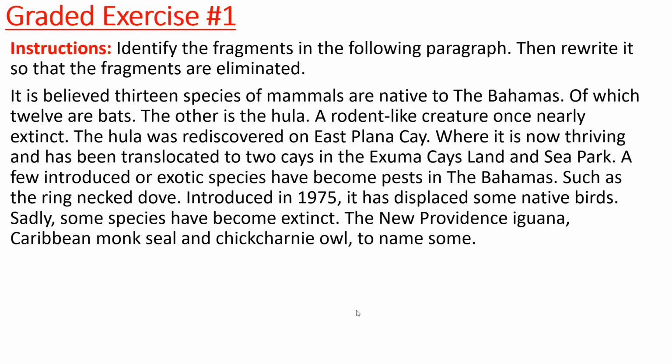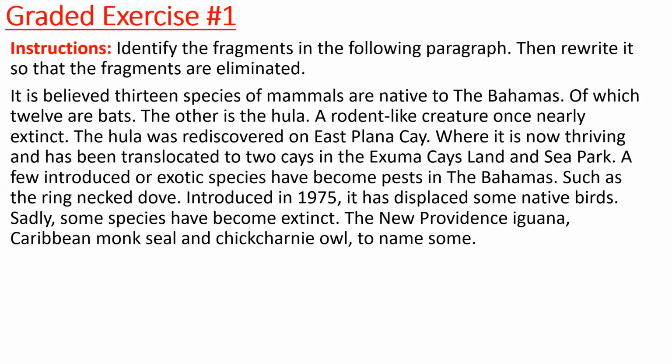It is believed 13 species of mammals are native to the Bahamas, of which 12 are bats. The other is hula, a rodent-like creature once nearly extinct. The hula was rediscovered on East Plana Key, where it is now thriving and has been translocated to 2 keys in the Exuma Keys Land and Sea Park.